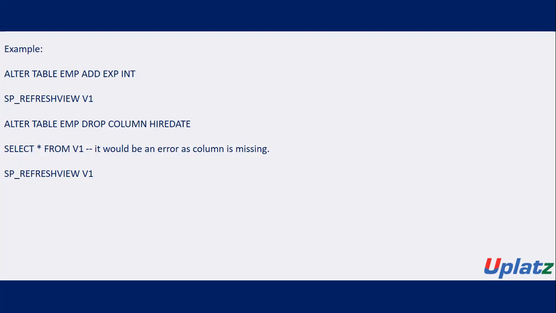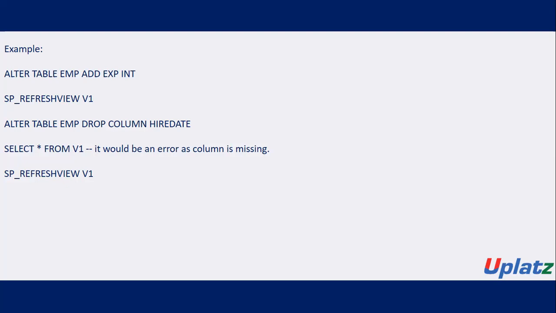So next is alter table employee drop column hire date. So we are dropping a column from the table employee, which is hire date. We have a table that is already there, employee. In this table, we are dropping the hire date column.